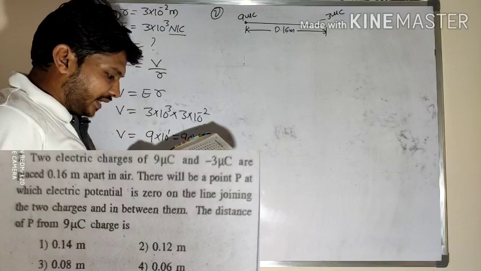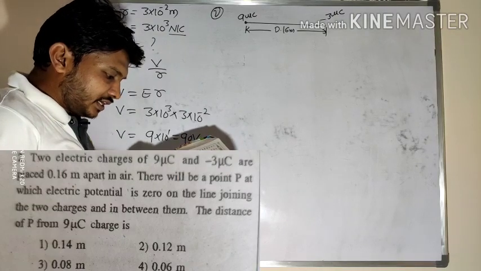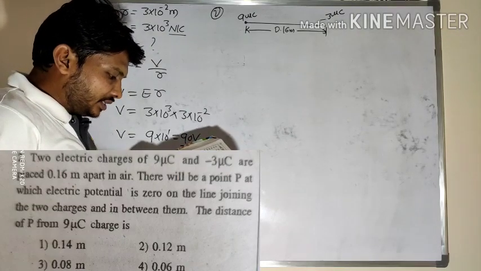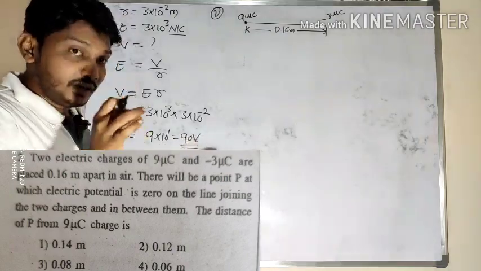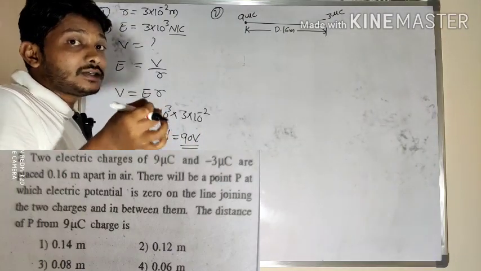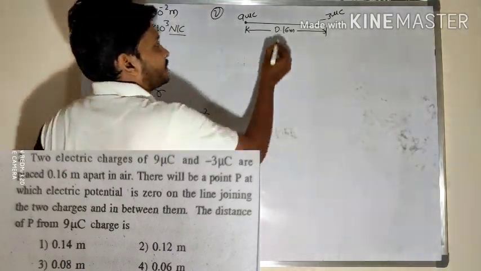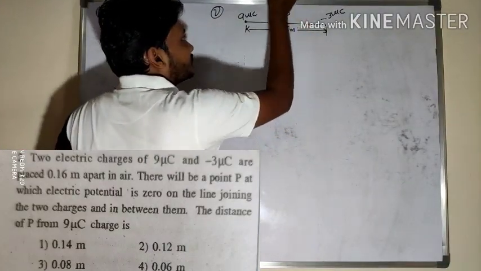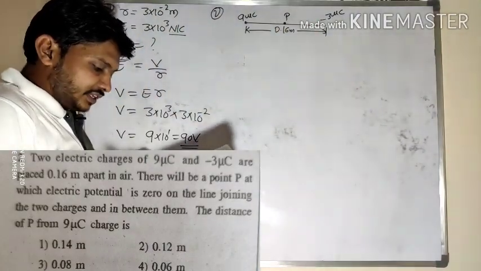There will be a point at which the electric potential is 0 along the line joining the two charges, in between them. So where is the possibility of 0 potential? Between the charges, they mention.